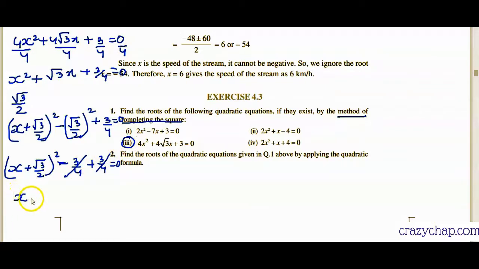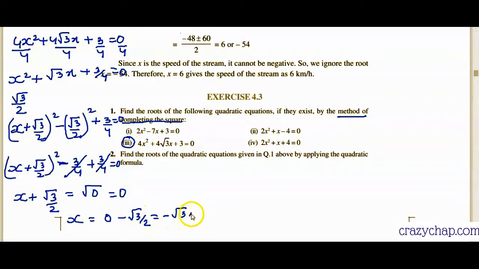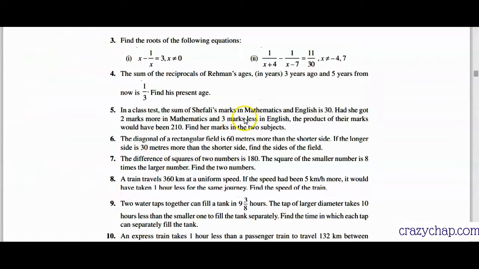So we are just left with x plus root 3 over 2, and this square, when it goes to the other side, it will become square root of 0. Anyway, square root of 0 is just 0. So we'll solve it. X equal to 0 minus root 3 over 2, which is minus root 3 over 2. So this is also one case where we have got only one value of x, right? Let's move on.